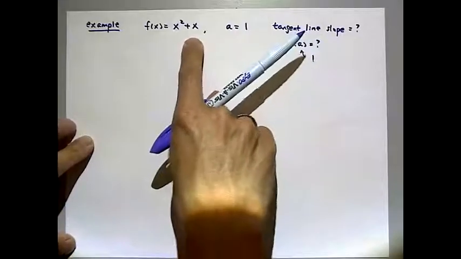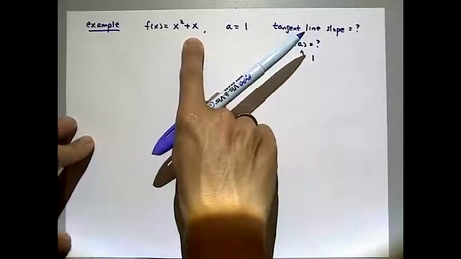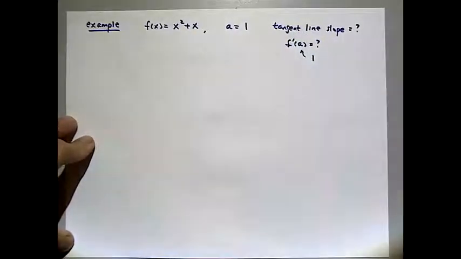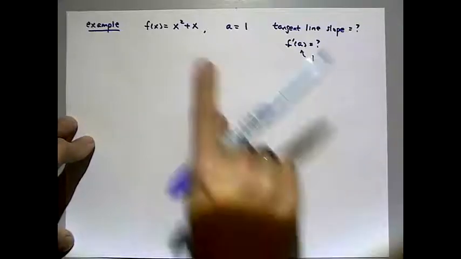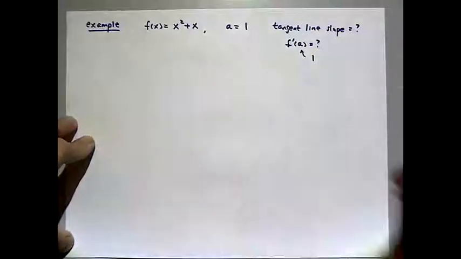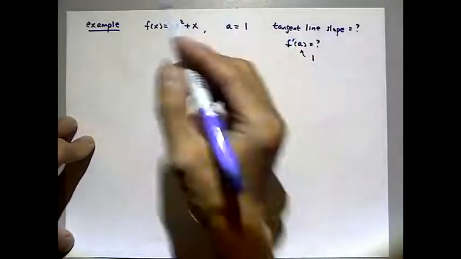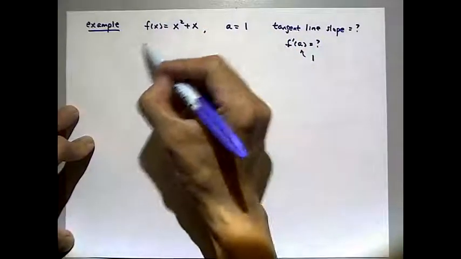What's this x doing here? What does it do to the parabola? Could be considered that. But here's the way to look at what this x is doing. Let's make a rough sketch of that.